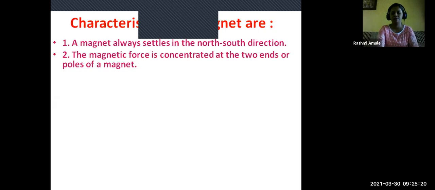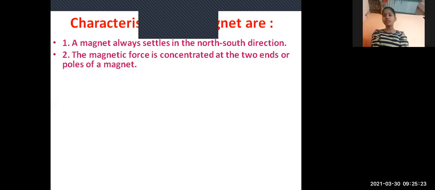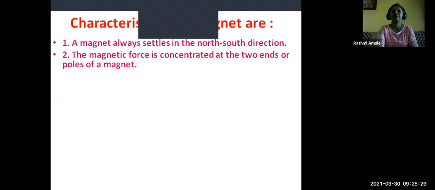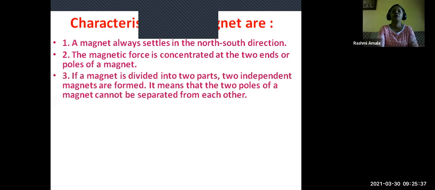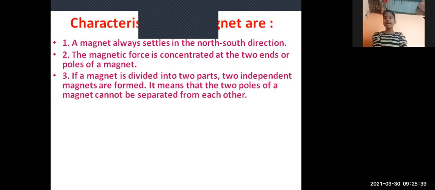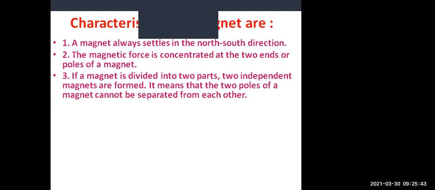Second characteristic. A magnetic force is concentrated at the two ends or poles of a magnet. Very good. Third one. If a magnet is divided into two parts, two independent magnets are formed.